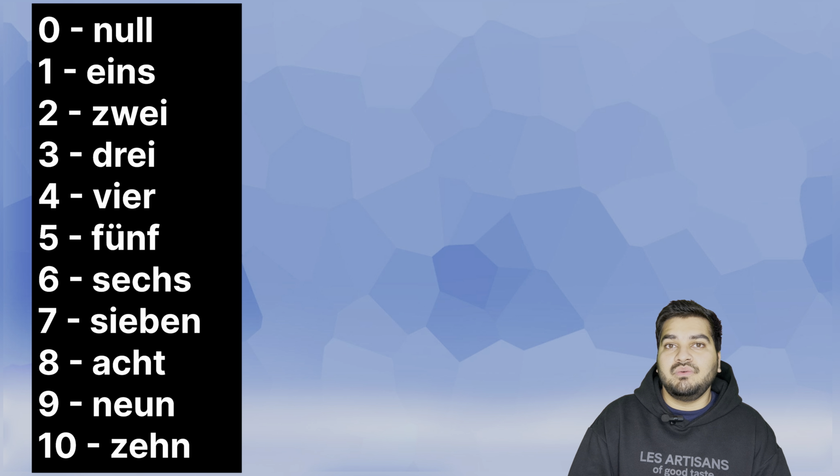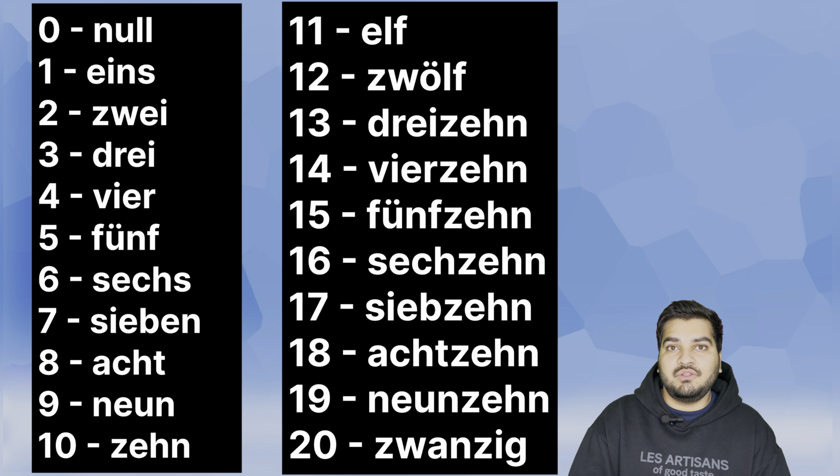Now we are going to do the counting from 11 till 20. But you need to understand this, like in English, we will say 11 and 12, and after that we have 13, 14, 15, so we have teen till 19, right? Same goes in German, but in a different way.